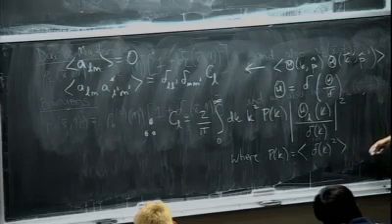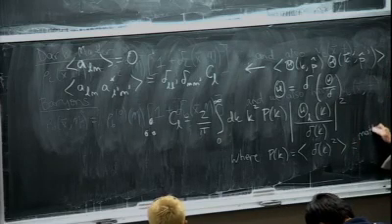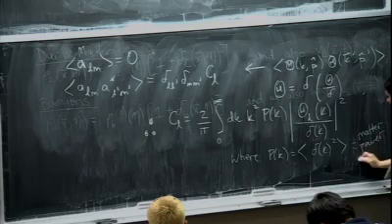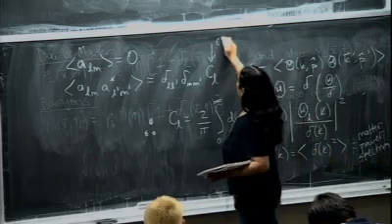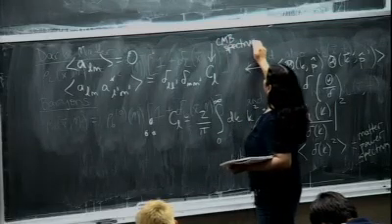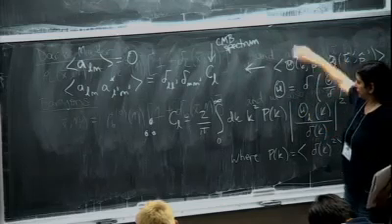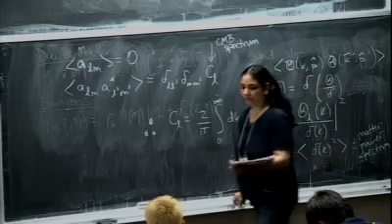That's the matter power spectrum. So we call this the matter power spectrum. And this is called the CMB spectrum. So you can see our CMB spectrum is actually intimately connected to the dark matter power spectrum.